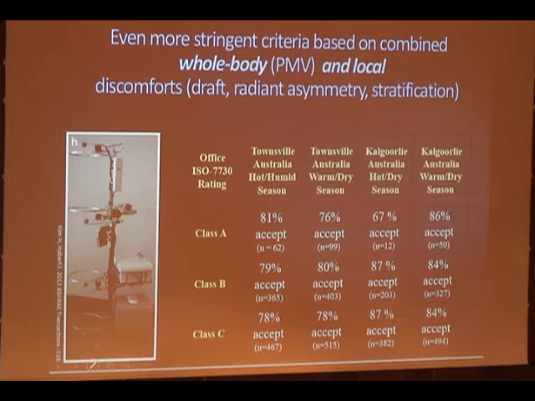But up here in Class C, we had 380 observations that met the full requirements. That's global and local. And acceptability level was at 87%. So the point I hope to make here is that tight temperature control doesn't seem to have a discernible impact on acceptability inside these buildings.